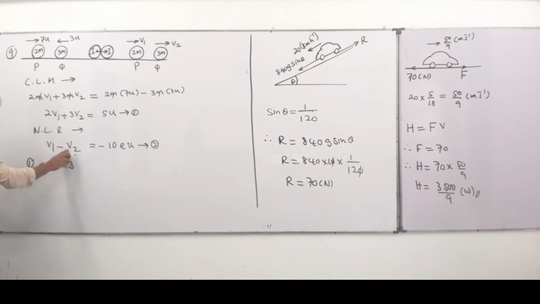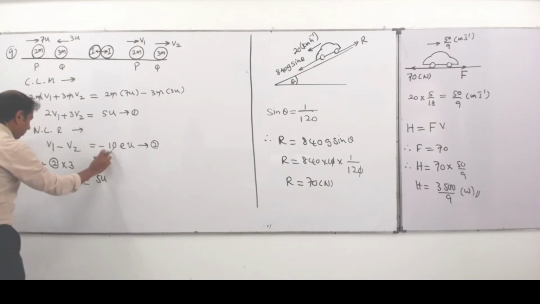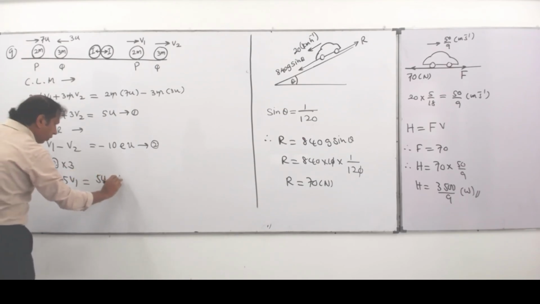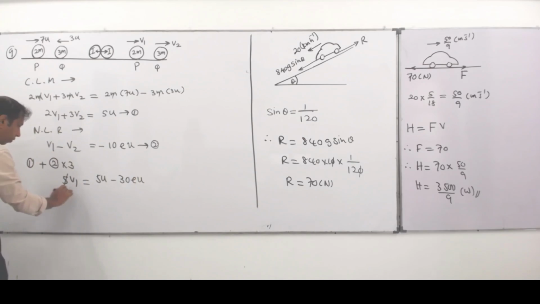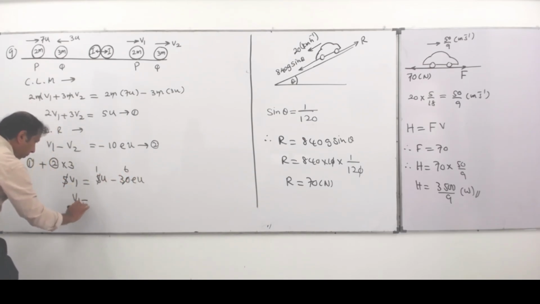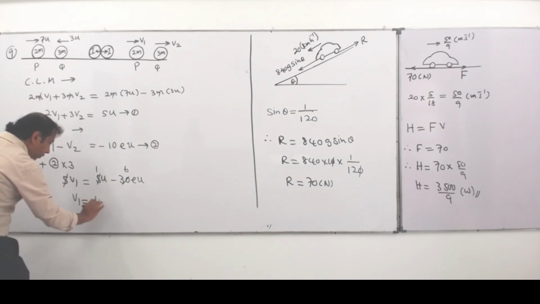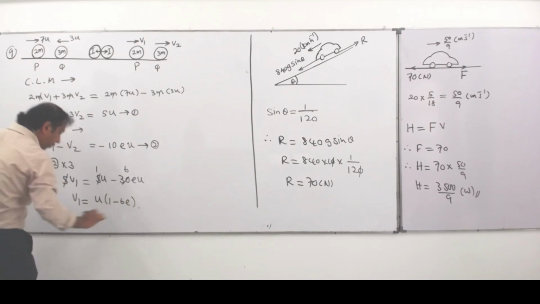Then we get minus 3v2 and plus 3v2, which cancel, leaving 2v1 plus 3v1, 5v1. On the right, 5u and minus 30eu. Then we cancel down by 5. We get v1 equals u times 1 minus 6e.